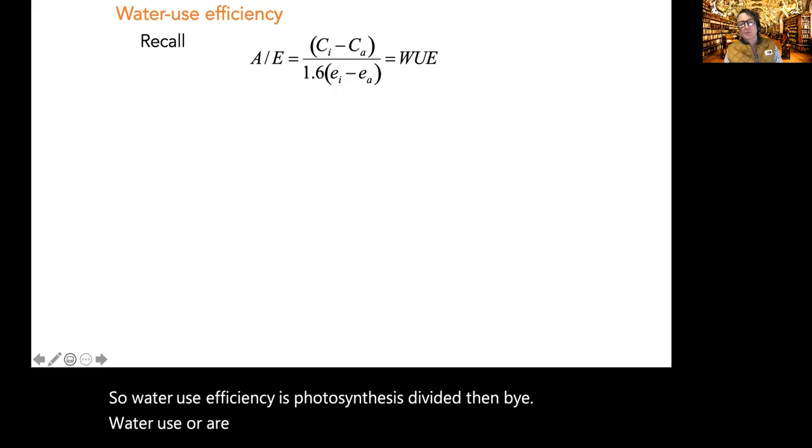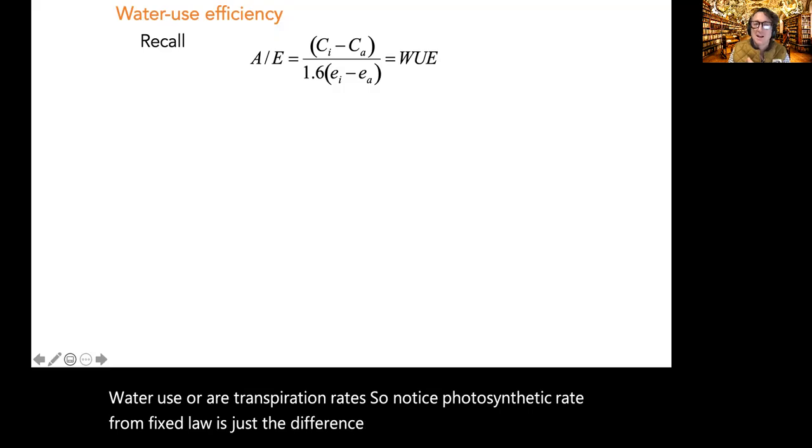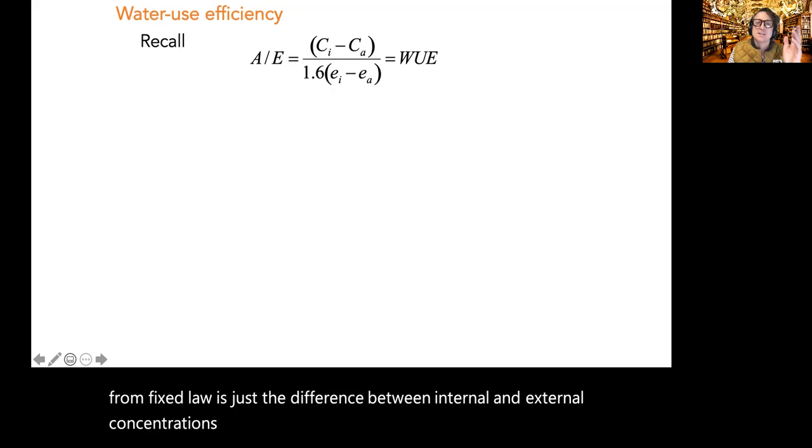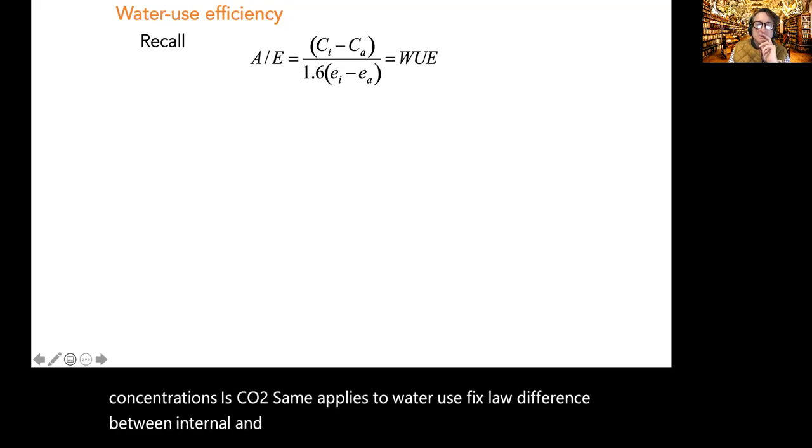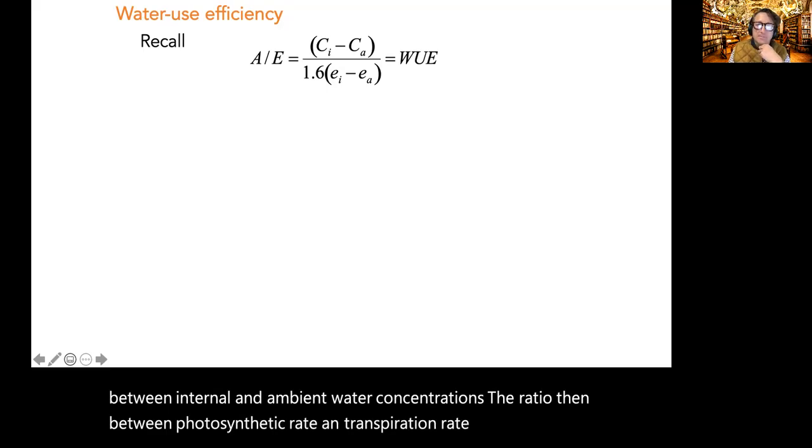So notice photosynthetic rate from Fick's law is just the difference between internal and external concentrations of CO2. Same applies to water use, Fick's law, difference between internal and ambient water concentrations. The ratio between photosynthetic rate and transpiration rate is the water use efficiency.